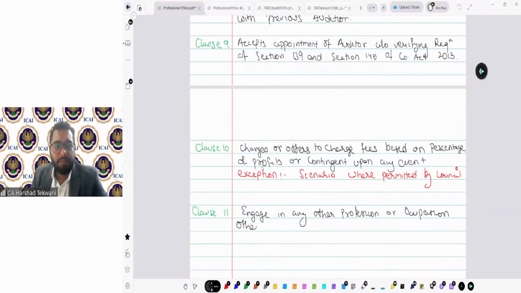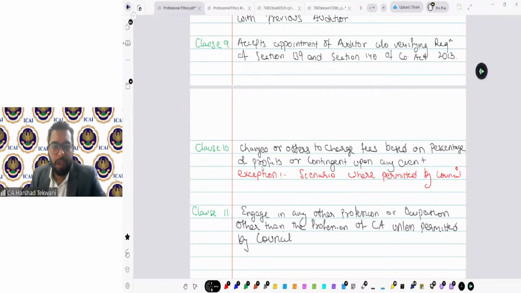Other than the profession of CA, then you will be held guilty of professional misconduct unless permitted by the council. Unless permitted by council. If it is being permitted by council, then it is fine. If it is not permitted by council, then you cannot.